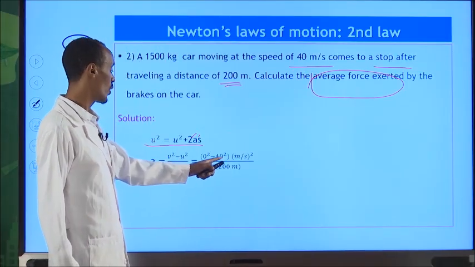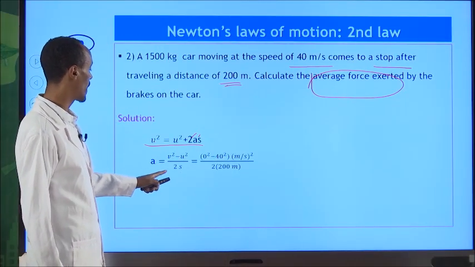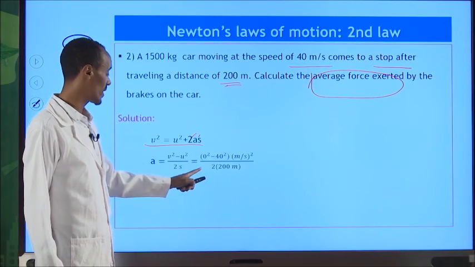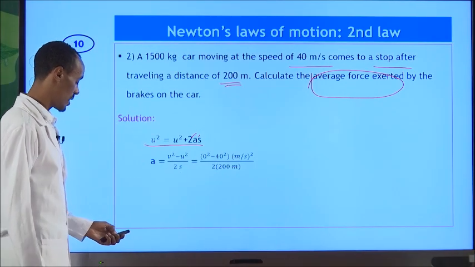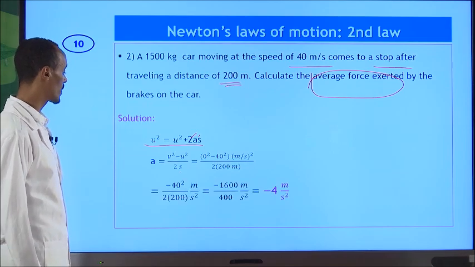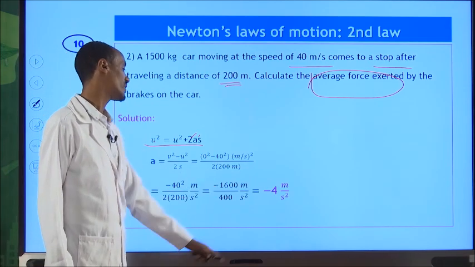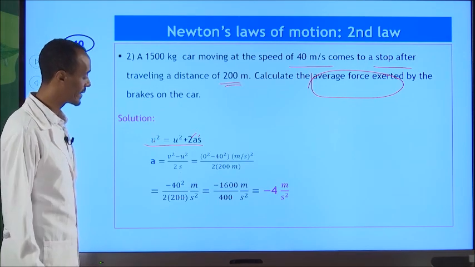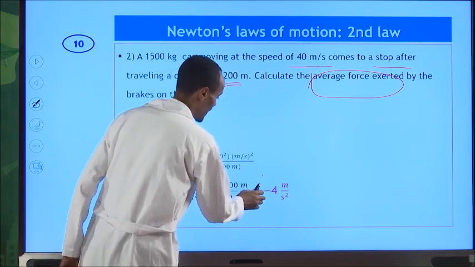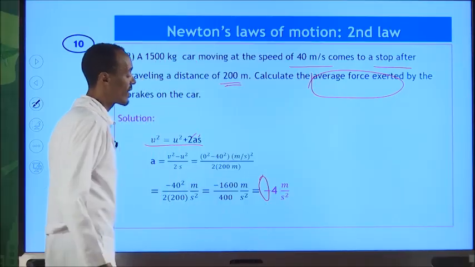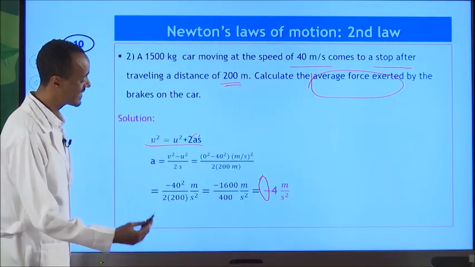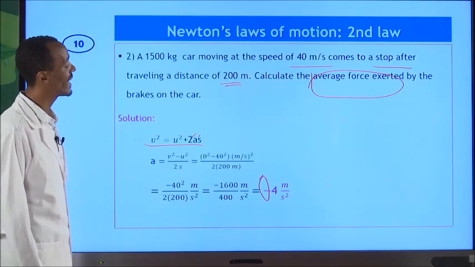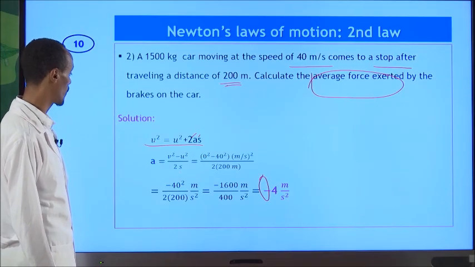So we have 40 squared divided by 2 times s, and the distance is 200 meters, and you can calculate this to be negative 4 meters per second squared. What does it mean? The negative shows that at each second the velocity of the body is decreasing by 4 meters per second, so the acceleration is negative 4 meters per second squared.